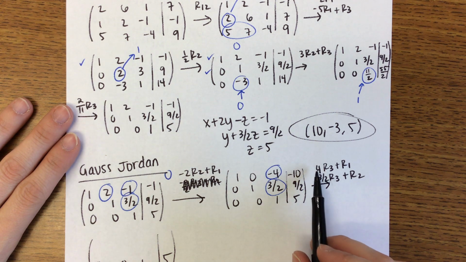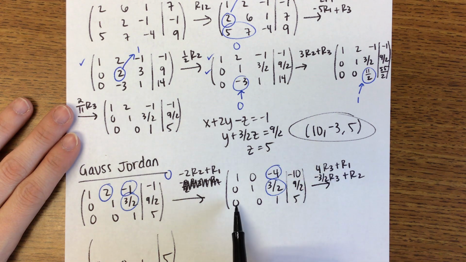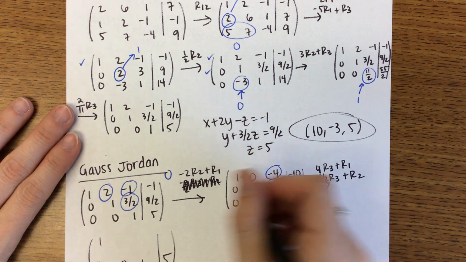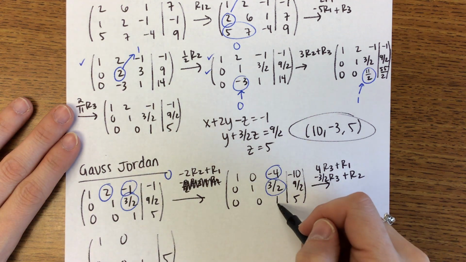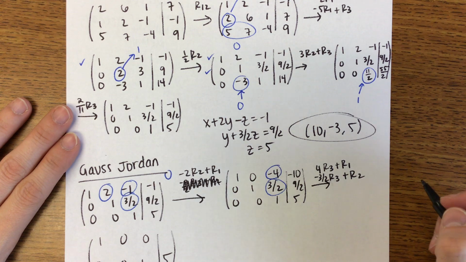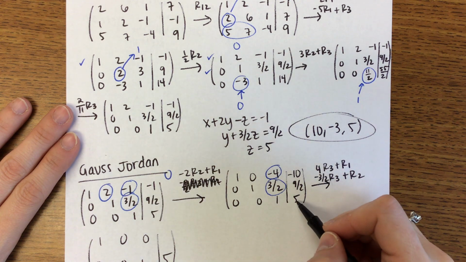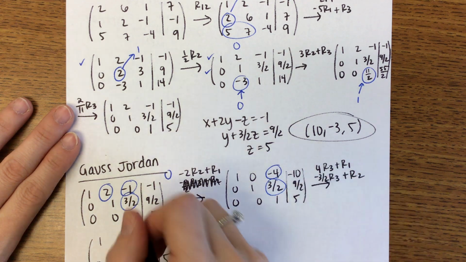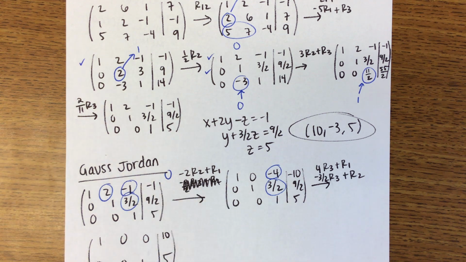Okay, so 4 times the third row add the first row. So we get 0 add 1 is 1. 0 add 0 gives me 0. 4 add -4 gives me 0. 20 add -10 gives me +10.